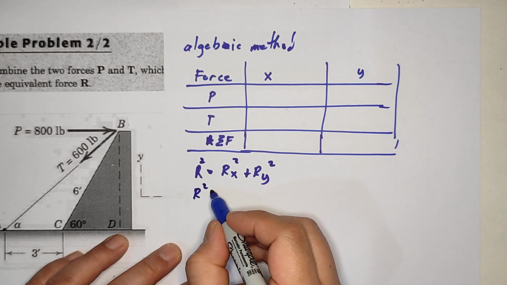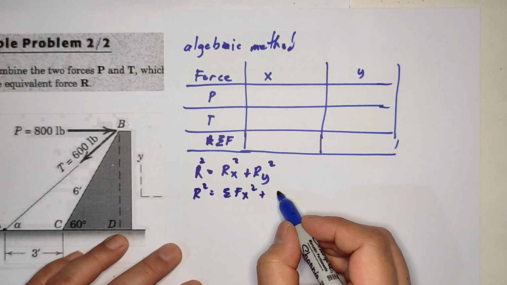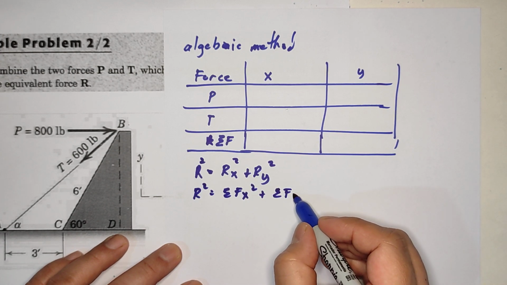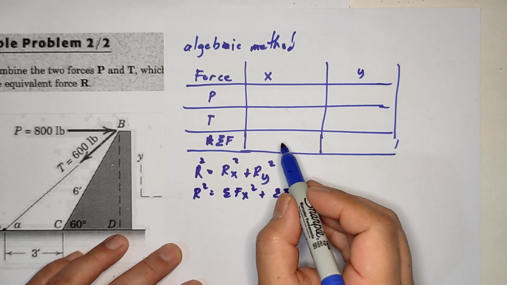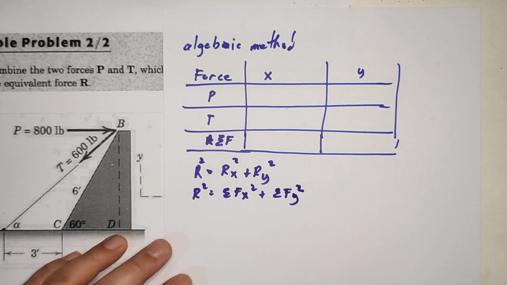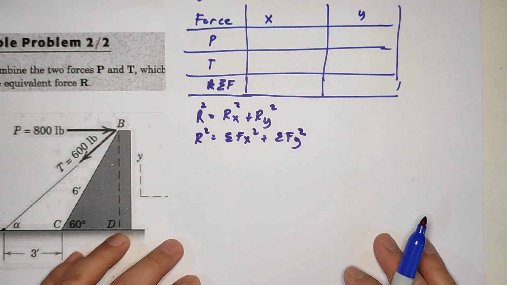Now, R squared is the summation of forces x squared plus the summation of forces y squared. So you need the sum. Of course, you need to include the negative or positive sign, or the direction.